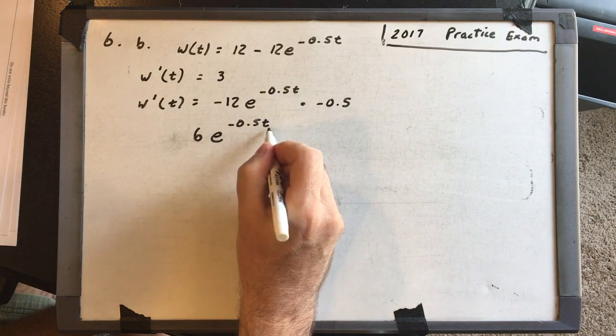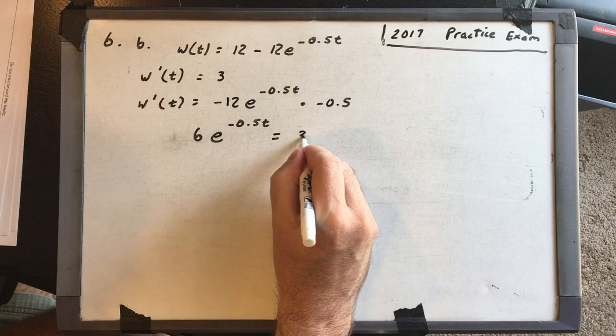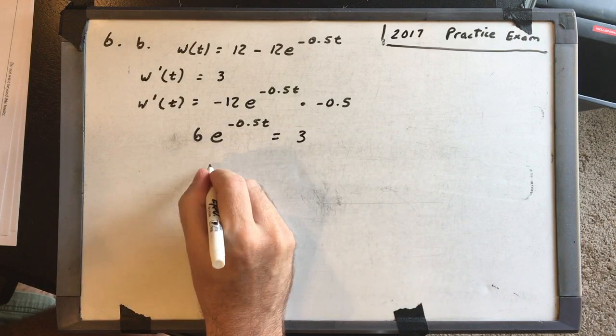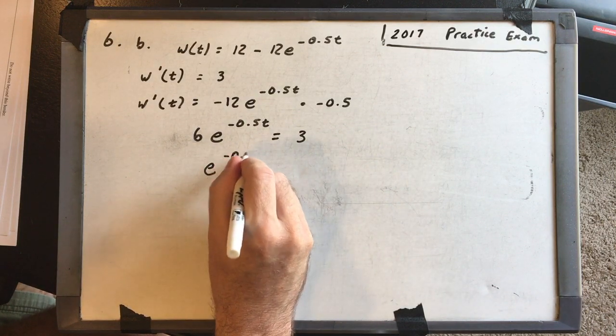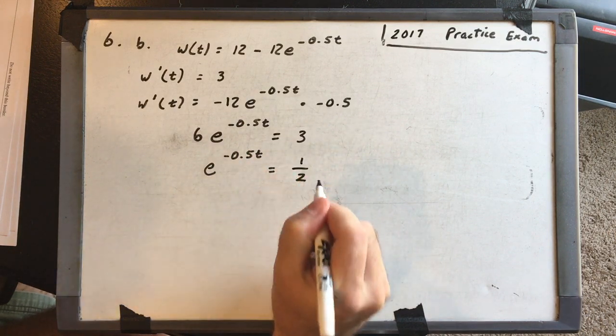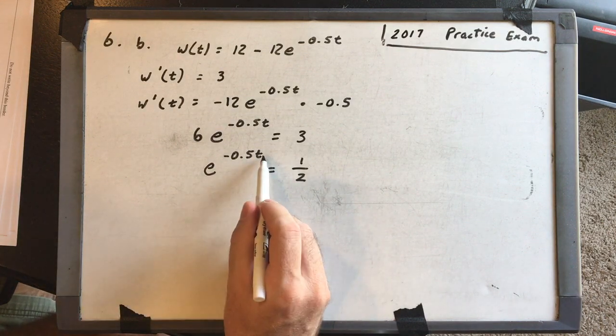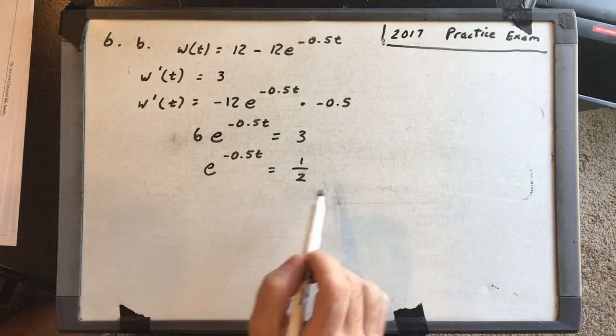We want to solve for t. What time t does that rate equal 3? Divide both sides by 6. You'd have e to the minus 0.5t equal to 3 over 6, or 1/2. How do I solve for t? What do we do to both sides?